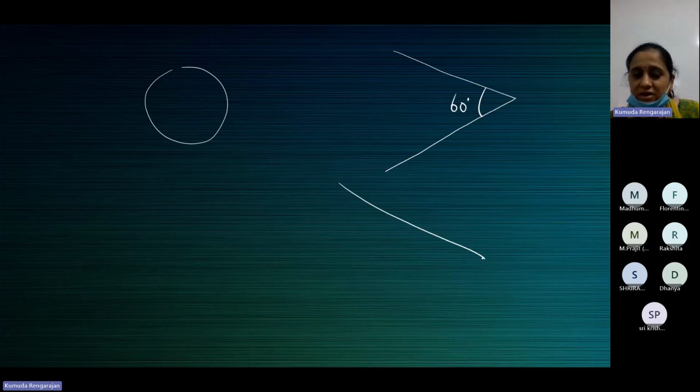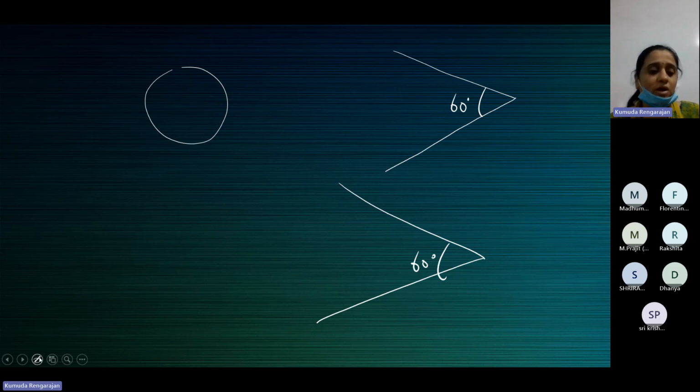That means these are the two tangents, and the angle between them is 60 degrees. That's the meaning of the tangents are inclined to one another. This is one tangent, this is the other tangent.